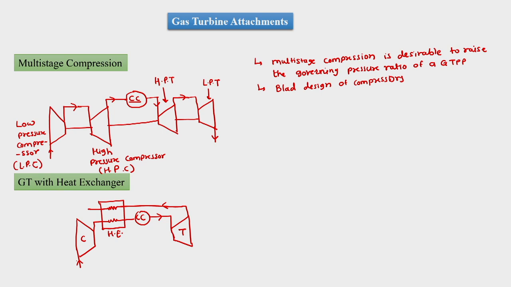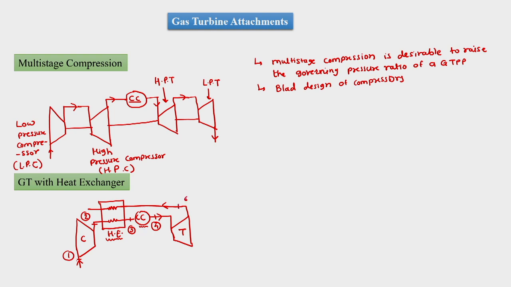So the process is like this. First the air gets compressed from station 1 to 2 in the compressor, and in the process 2 to 3 the air gets heated in the heat exchanger before it gets combusted in the process 3 to 4 in the combustion chamber.